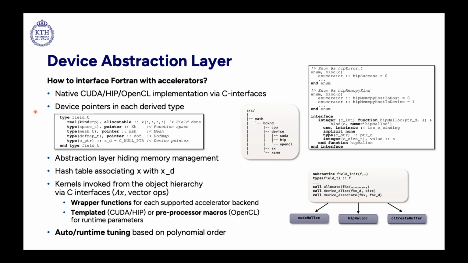And then you always have a normal Fortran allocatable array for the CPU data, but you also have a C pointer for possible allocations on the device. Which means that we always can associate between CPU and GPU data for the same type.